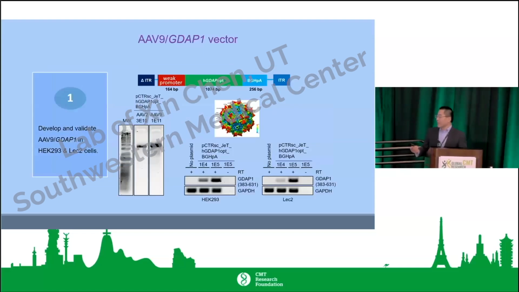This vector includes a weak promoter driving the codon-optimized human version of the GDAP1 gene, flanked with 2 ITRs, and packaged in AAV9.